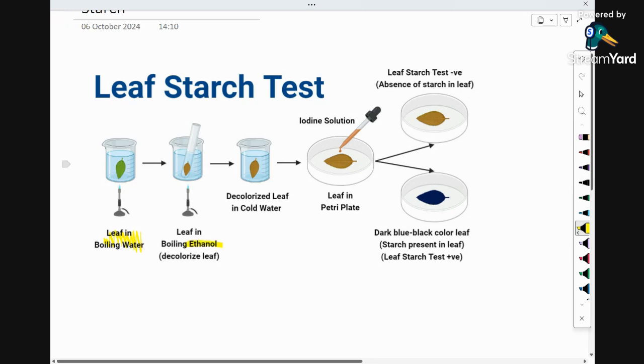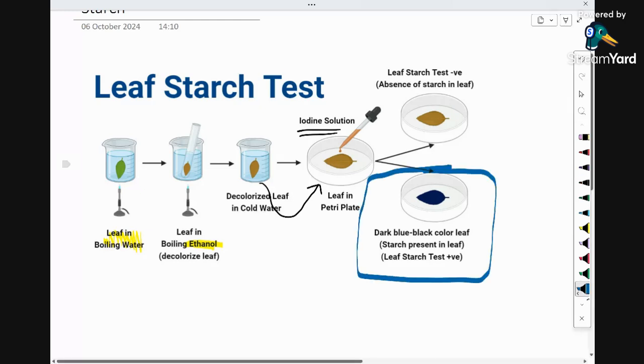You then add ethanol to decolorize it, and you then leave it in cold water, and you place the decolorized leaf on a Petri plate, and you add a few drops of iodine solution, which is yellowy orange. If you don't have starch, then it remains yellowy orange. If you do have starch, as we said, the iodine solution turns blue-black, meaning that starch is present.